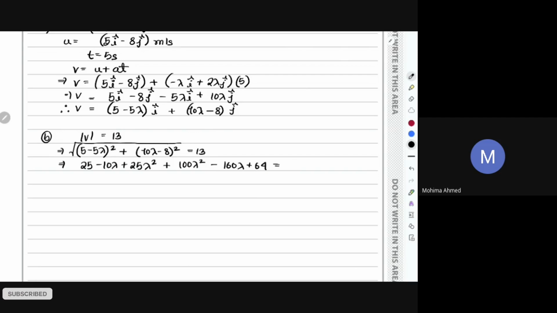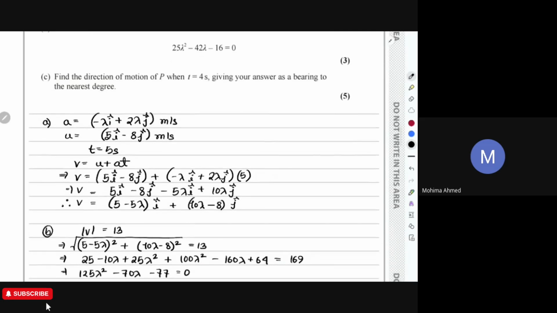So 13 square makes it 169. Now if you take all the lambda squared together, you have 125 lambda square, then minus 160 and minus 50 is minus 210 lambda. And then again 25 plus 64 minus 169, that is minus 80. I think this is what we're supposed to show.